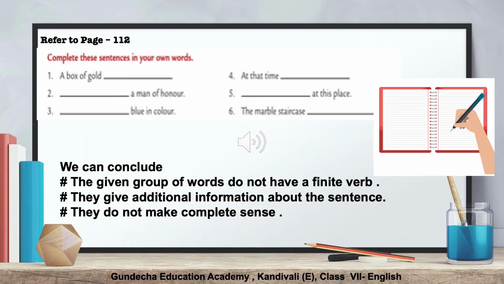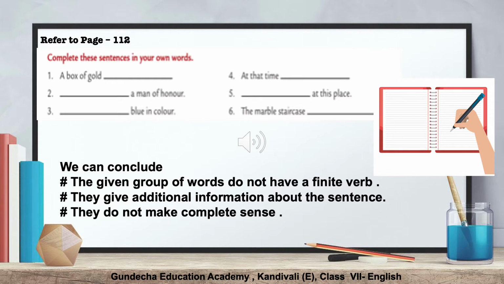Children, if you refer to page 112 of your textbook, you will see the chapter phrase begins with the complete the sentences exercise. If you notice all the sentences, you will have to complete them, but the beginning or a part of the sentence is given to you.